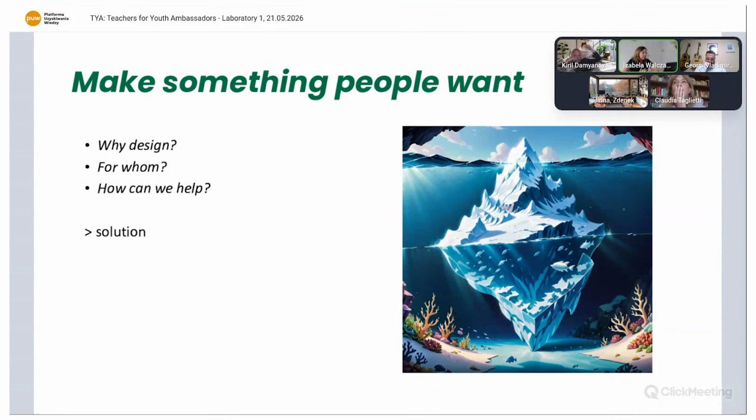So why is the design needed? Is it because something new needs to be drafted, or is it something needs to be improved? For whom is it? Yeah, and we are looking for users. Ideally, we are looking for heavy users. Yeah, I mean, if I think about education, of course, our students are the heavy users.